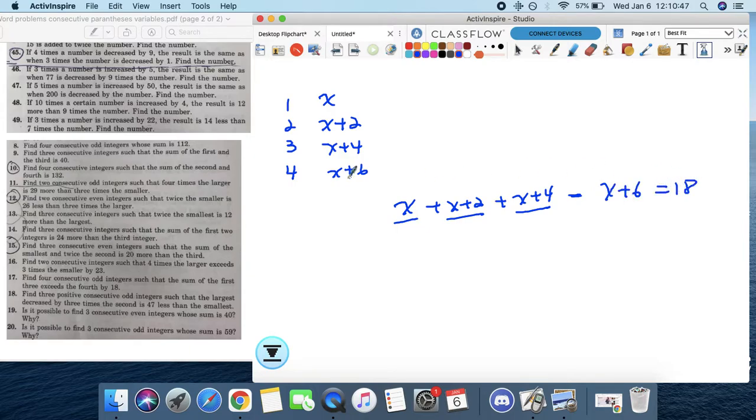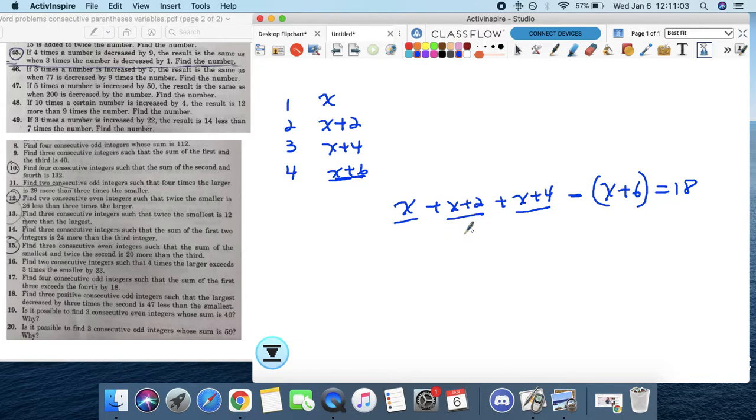Now, the fourth, because this is not just x, it's x plus 6, I have to put this in parentheses. So the sum of the first 3 minus the last number equals 18. That's another way of looking at the problem.